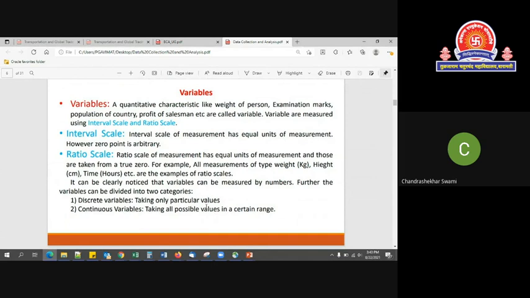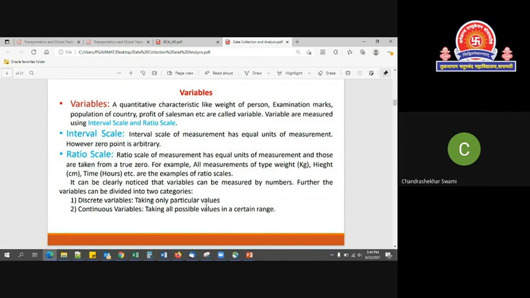What is meant by interval scale? Interval scale of measurement has equal units of measurement. However, zero is arbitrary. And a ratio scale of measurement has equal units of measurement, and those are taken from a true zero.